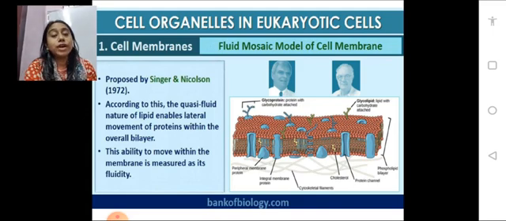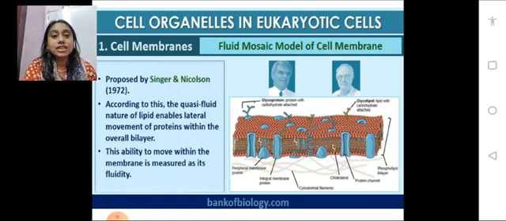It also allows lateral movement of the protein over the lipid bilayer. Lipids are also floating, but among them the proteins are also floating. So we can compare this plasma membrane to an ocean, and the lipid molecules are the water of the ocean, and the proteins are the icebergs.